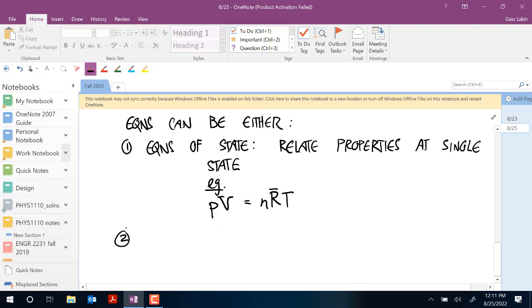And the second type of equation will relate to processes. And these will be the laws of thermodynamics. And a few other things too.